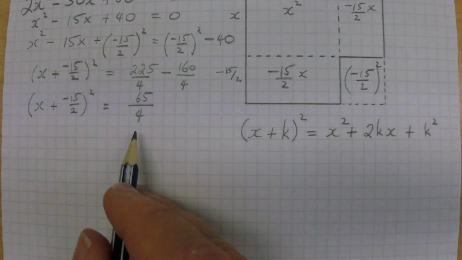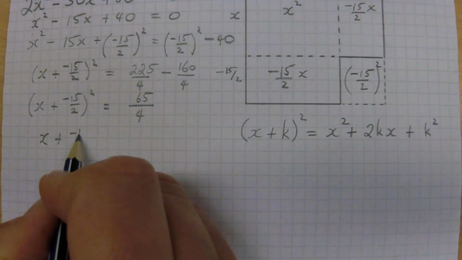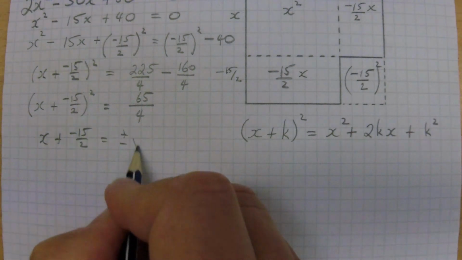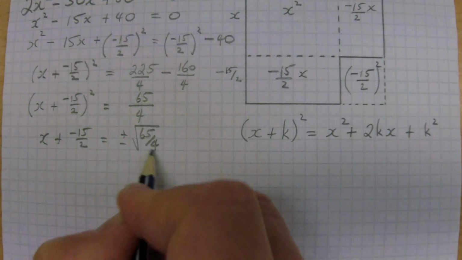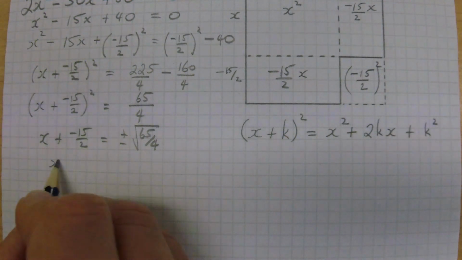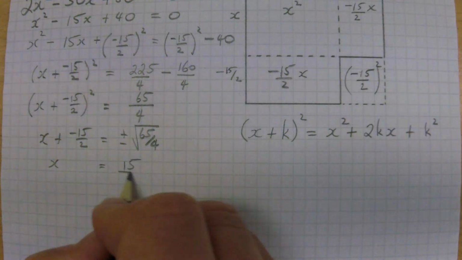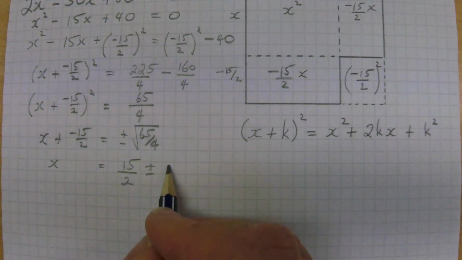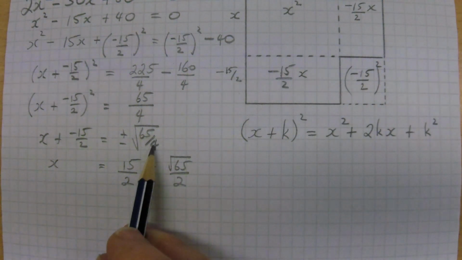Time to take the square root of both sides now. x plus negative 15 over 2 equals plus or minus the square root of 65 over 4. Transpose, this becomes positive 15 over 2, plus or minus, and this is better as root 65 over 2.